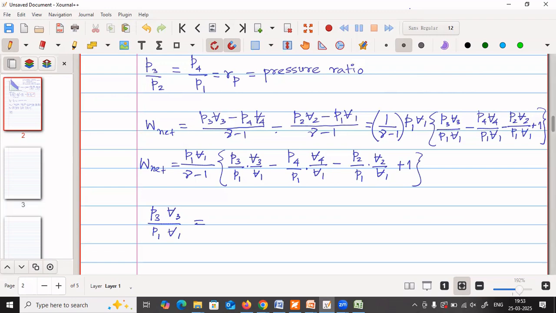What is that? We can write P3 by P2 multiplied by P2 by P1 multiplied by V3 by V1.